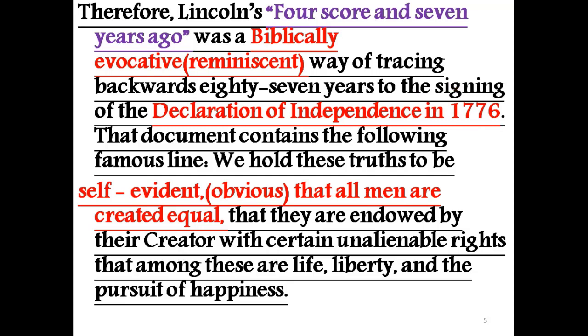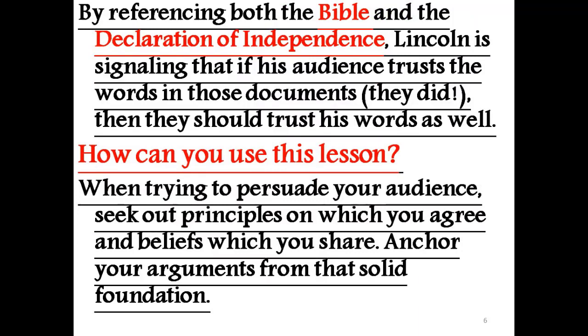So when he was combining both the biblical version with the independence version of their country, it's going to become 407 years ago. By referencing both the Bible and the Declaration of Independence, Lincoln is signaling that if his audience trusts the words in those documents, and they did, then they should trust his words as well.